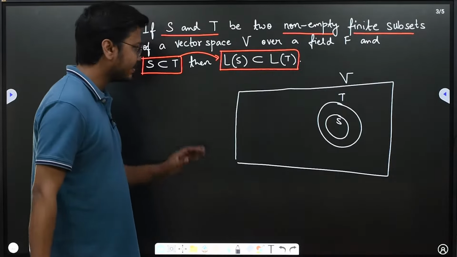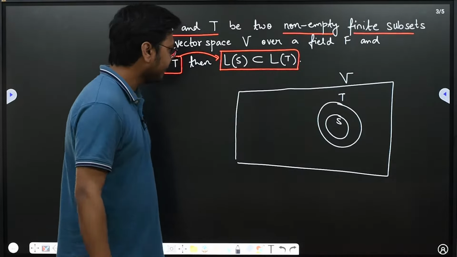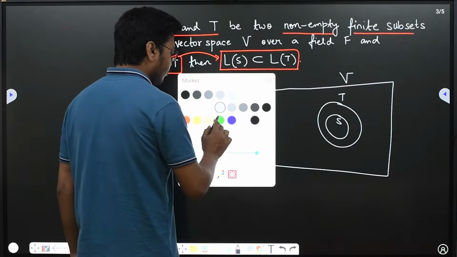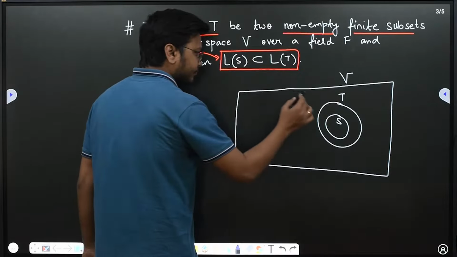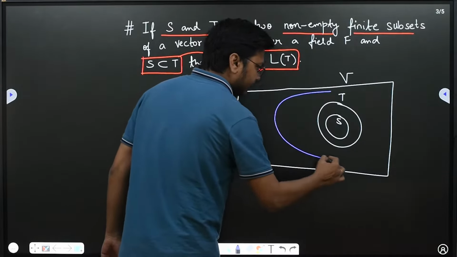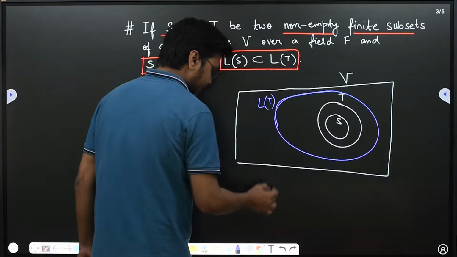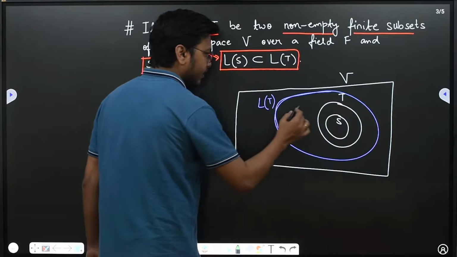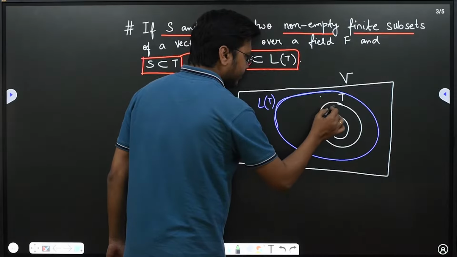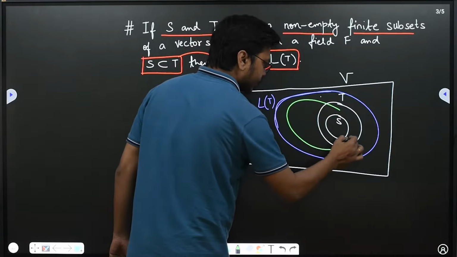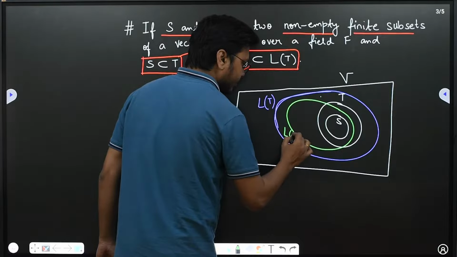So I have two sets, S subset of T. Then what I need to draw is, if this is L of T, then this has to be L of S.